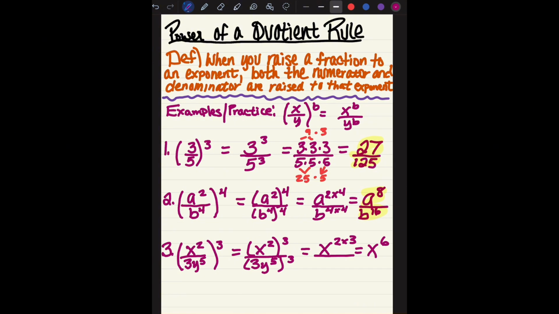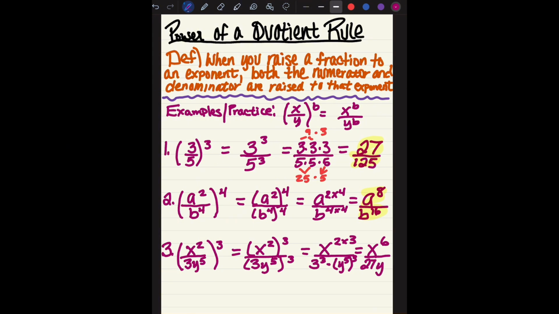Now we're going to break this down. So we've got 3 to the 3rd power times y to the 5th power raised to the 3rd power. Remember, 3 cubed, or 3 to the 3rd power, equals 27. And then we're going to combine y.